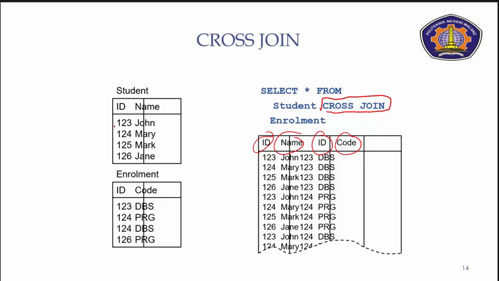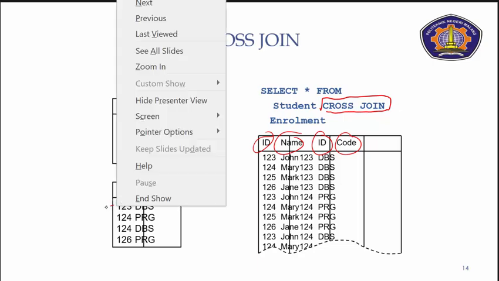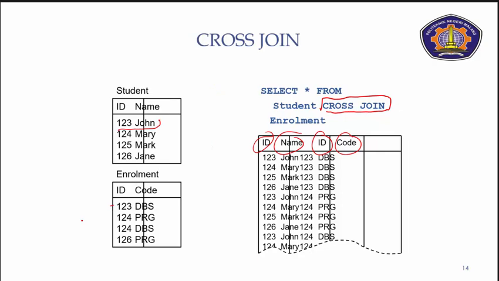So ID 123 John combines with 123 DBA, 124 PRG, 124 DBJs, and 126 PRG.